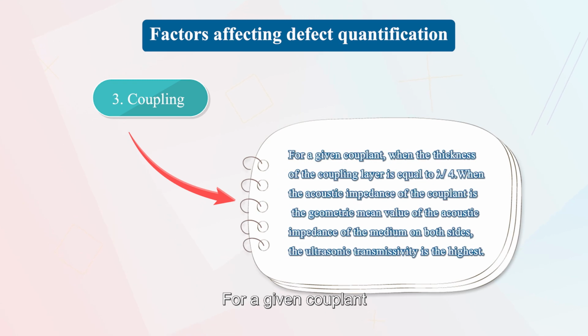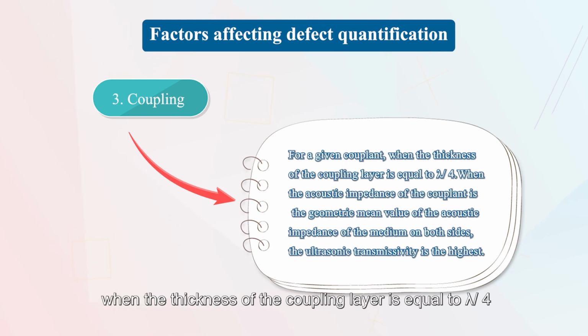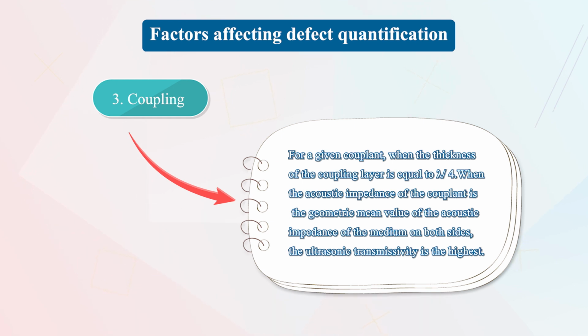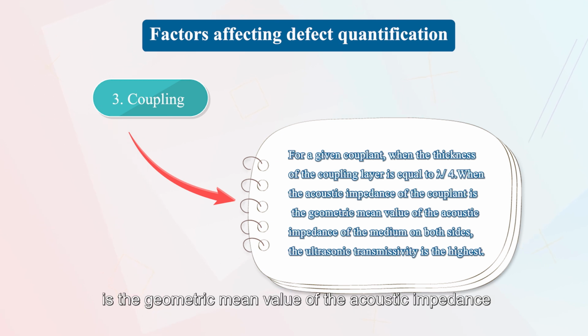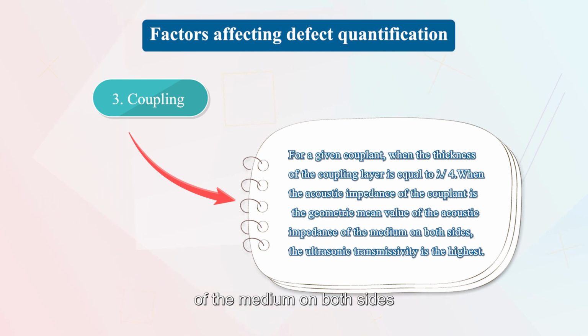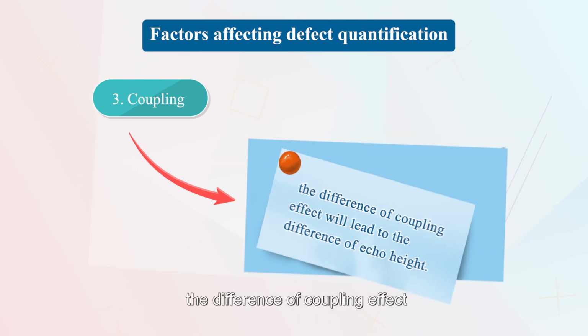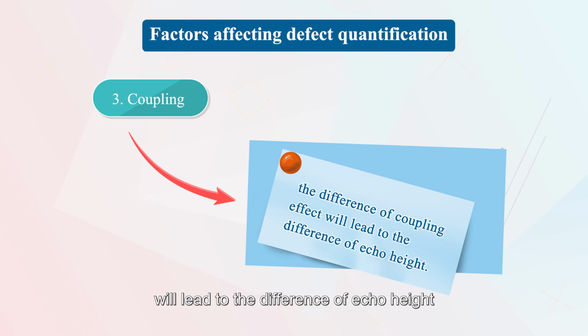For the given couplant, when the thickness of the coupling layer is equal to, as we can see in the formula, when the acoustic impedance of the couplant is the geometric mean value of the acoustic impedance of the medium on both sides, the ultrasonic transmissivity is the highest. Therefore, the difference of coupling effects will lead to the difference of echo height.